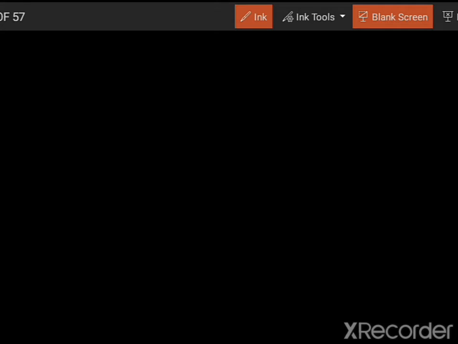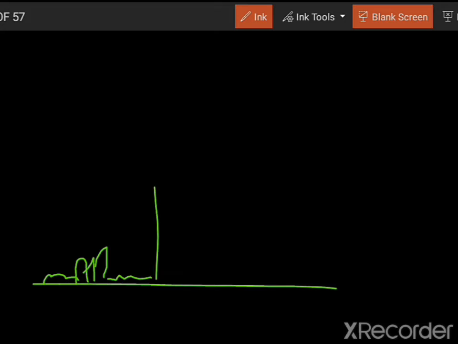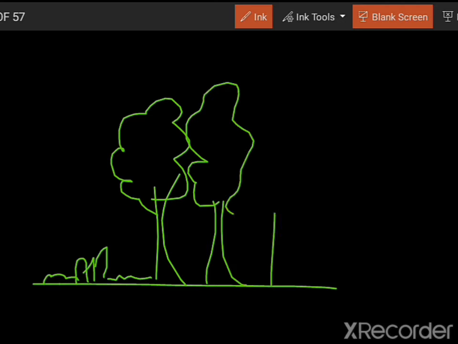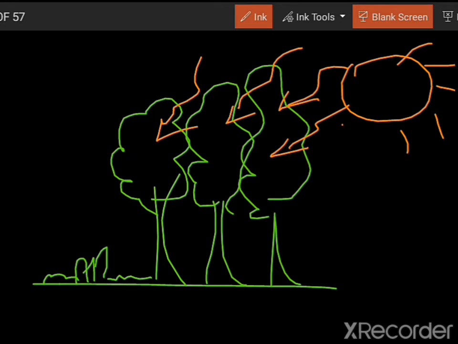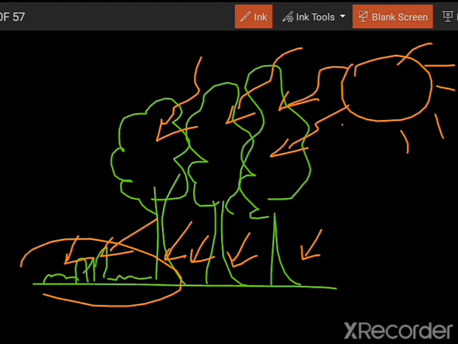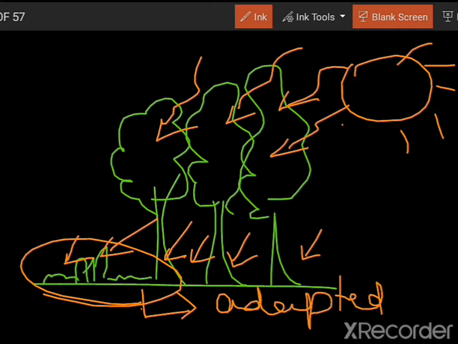At the lower side we will have small bushes like the herbs and the shrubs, and then there will be big trees, which have canopies. Now when the sun's rays are released, the majority of the rays are captured by these canopies, and very little light enters the shrubs and the herbs. So now these herbs and shrubs have adapted to lesser light.